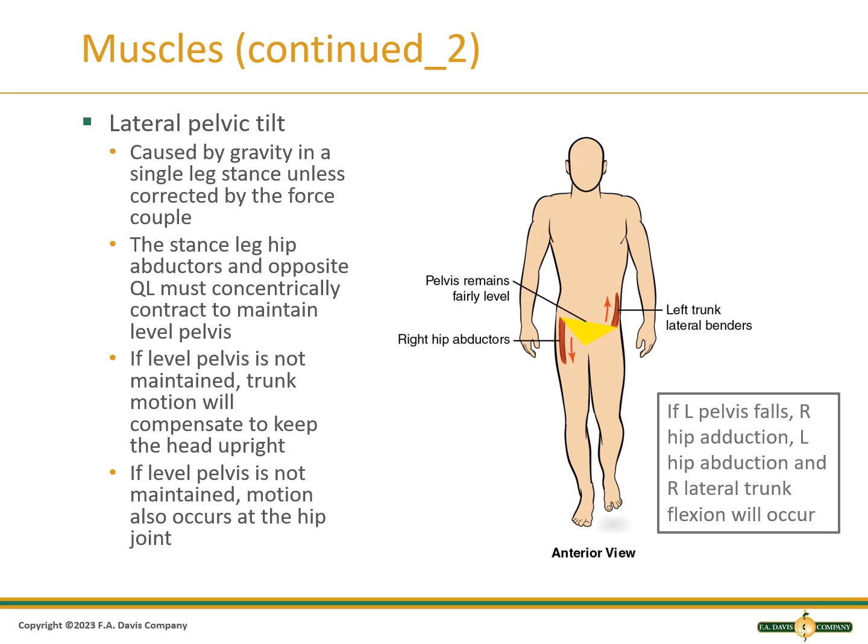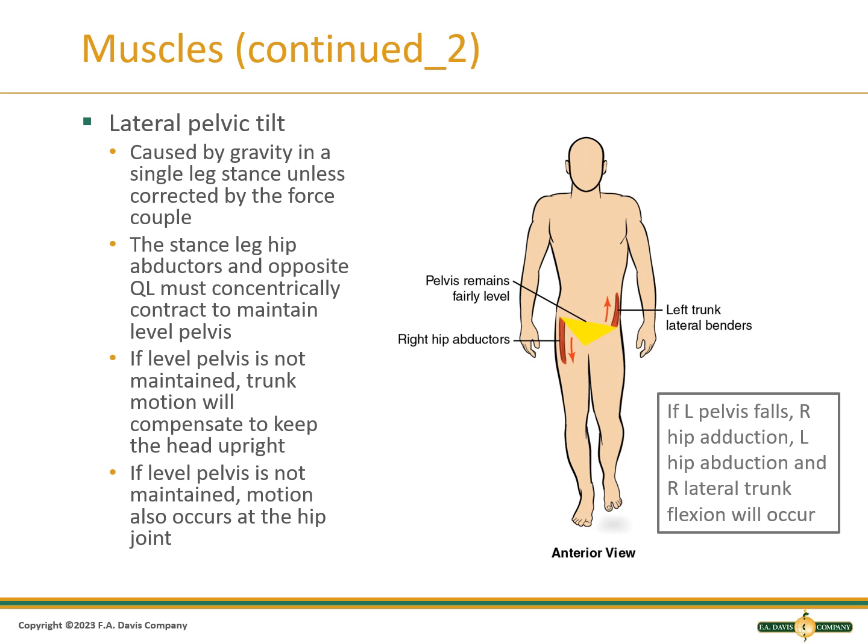A lateral pelvic tilt is caused by gravity in a single leg stance unless it is corrected by a force couple. The force couple that's used to maintain a level pelvis are going to be the hip abductors on the weight-bearing side and the quadratus lumborum on the non-weight-bearing side.